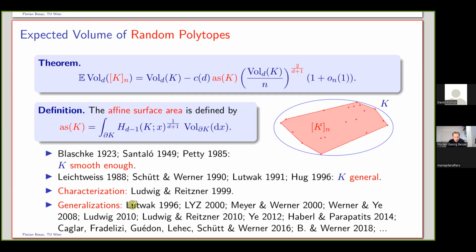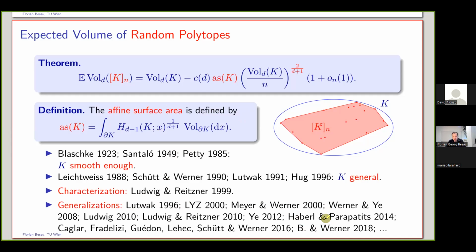This whole affine surface area was then generalized into a larger family of surface or central affine surface areas. We have seen some LP affine surface areas appearing, and more recently Orlicz affine surface areas. We have very important isoperimetric inequalities for these, and further extensions into functional settings and non-Euclidean settings.